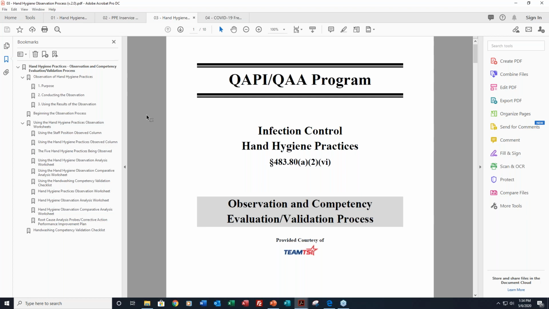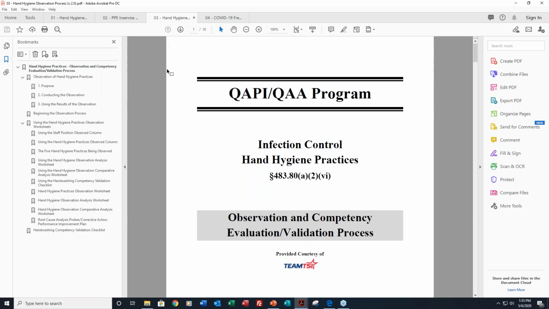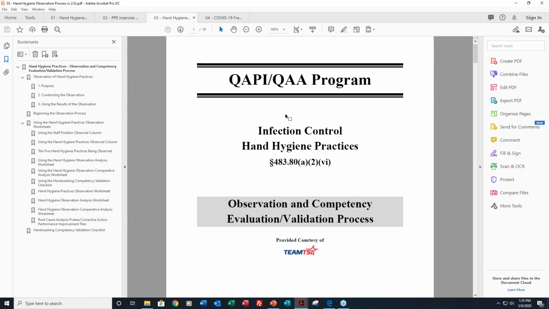What CDC is asking for is your observation, not necessarily your validation, but how did you observe hand washing practices? There are several out there, and they're good. But what we did with this is we placed this document in the QAPI program. To me, that's critical. As an administrator, I put things in the QAPI program. It's important to have it there.